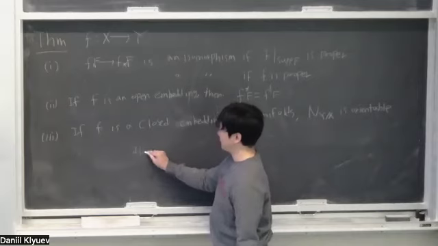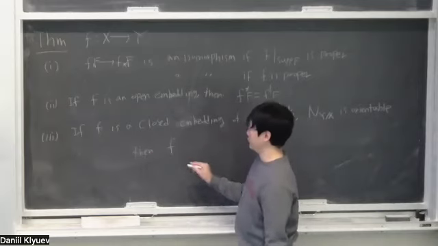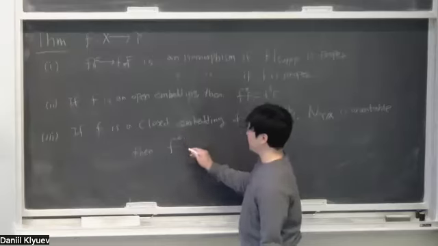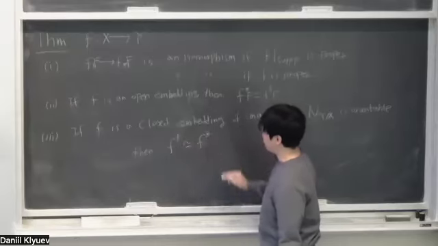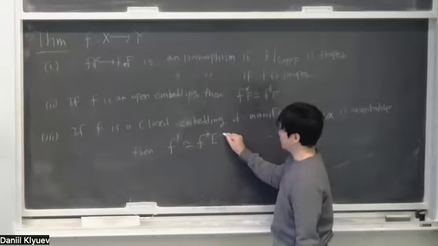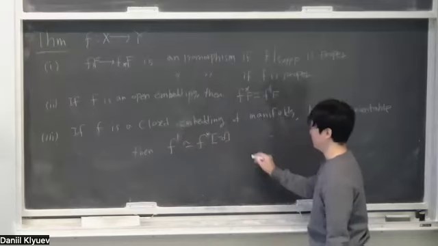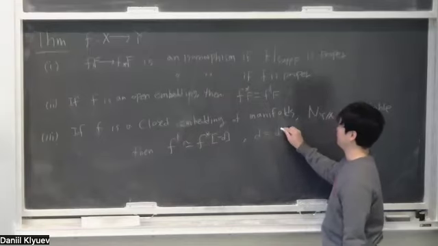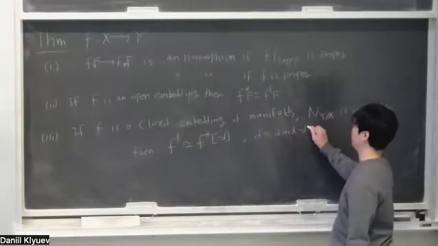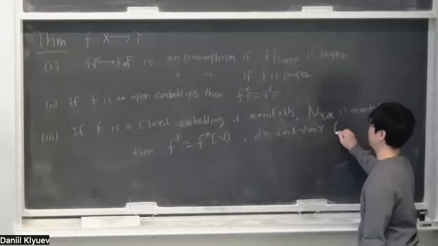Then we have a natural isomorphism of upper shriek to upper star with shift minus t, where t is dimension X minus dimension Y, the codimension.